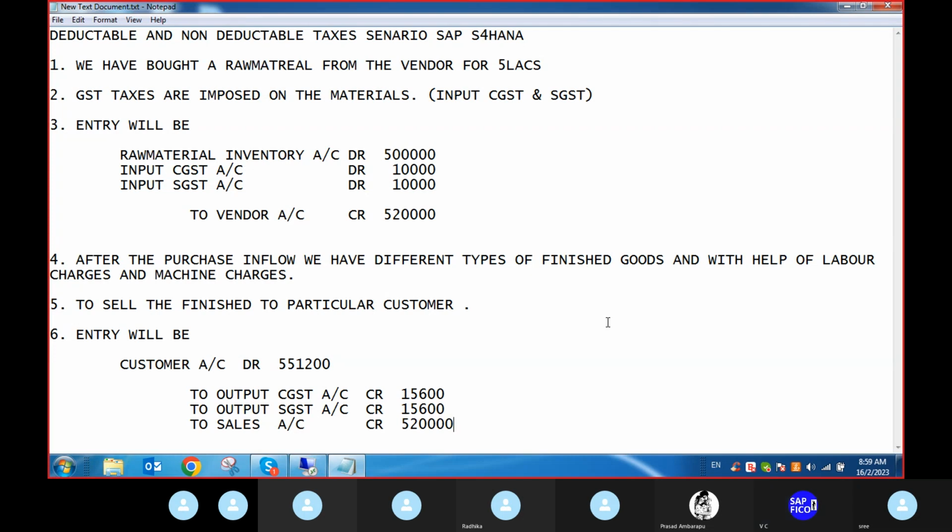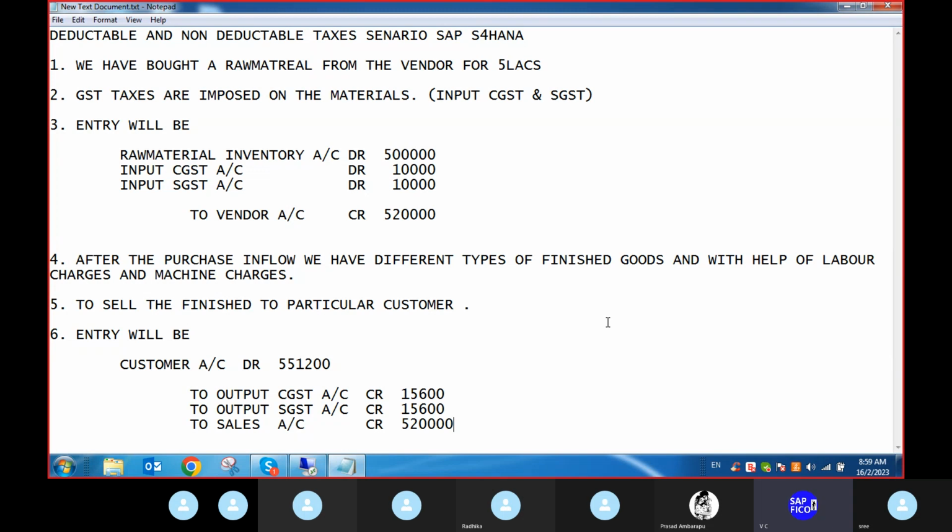Okay, all of you, the main thing here is when it comes to the interview point of view, they will just ask you the question how you can do the non-deductible taxes configurations and all. First of all, you should define the accounting keys for the non-deductible tax in transaction code OBCN.